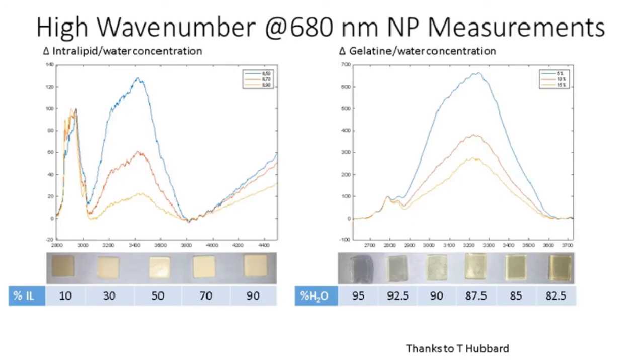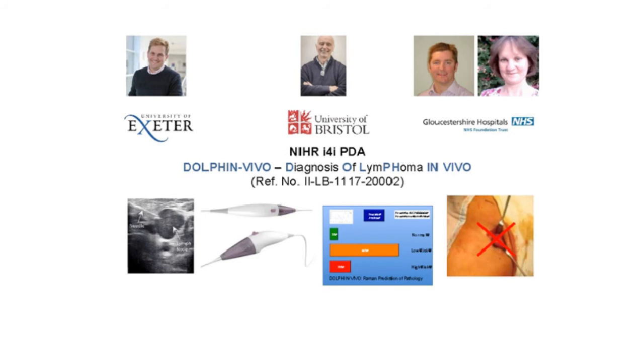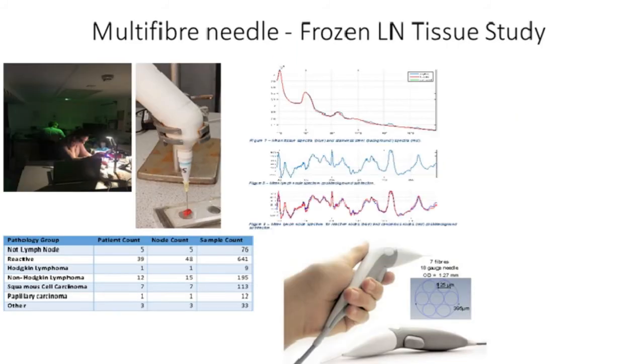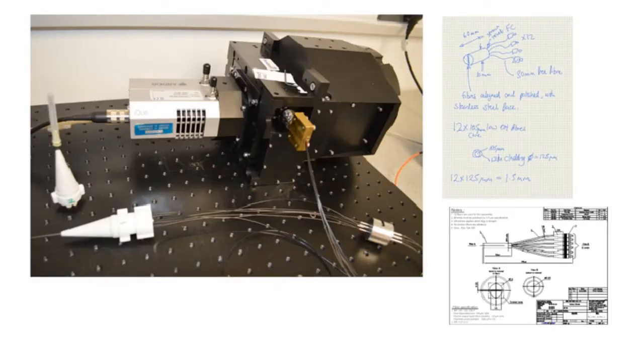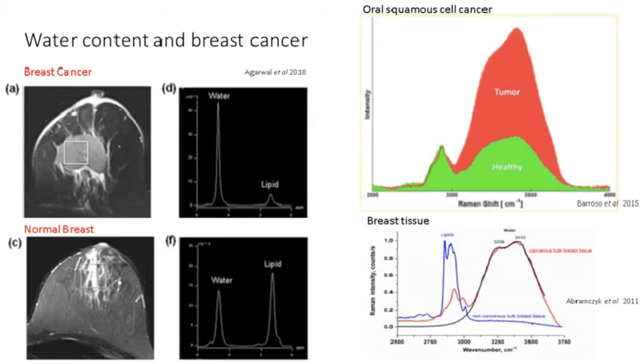Owen Pupples and his team in Rotterdam, let me go back to where we were, something went wrong there. So in the top right corner, Owen Pupples and his team have demonstrated that oral squamous cancers also represent a very significant change in water.